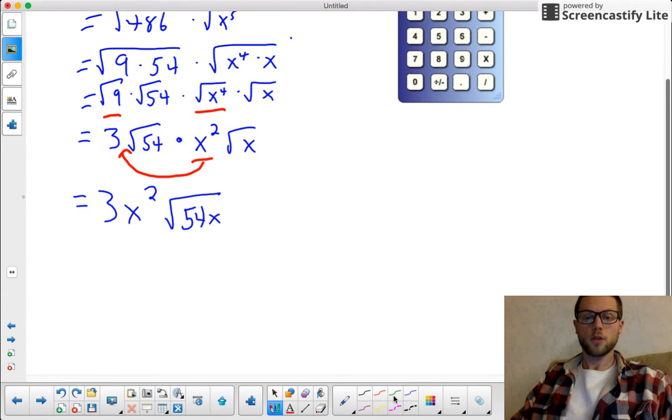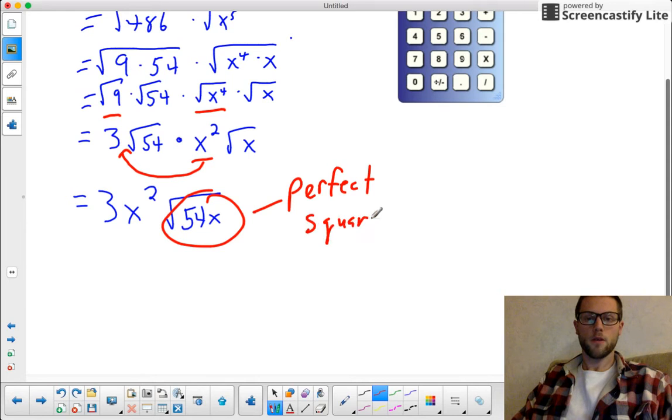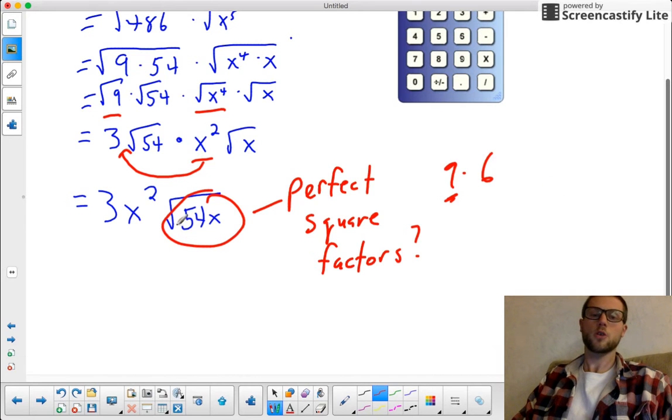I always want to ask myself, are there any perfect square factors in this remaining radical? And the answer here is yes. Hopefully you're seeing that 54 can be written as 9 times 6, and we know that 9 is a perfect square, so I can continue to simplify this further. So we've got to do that.